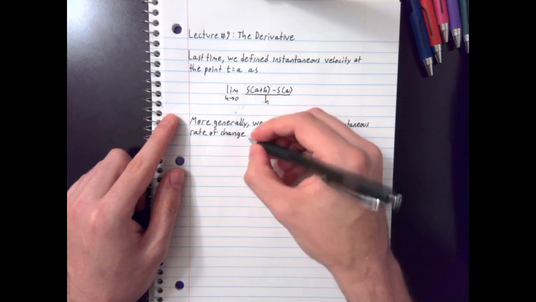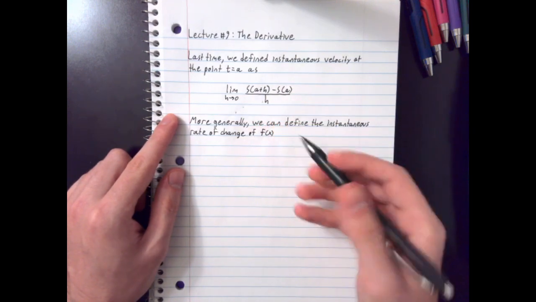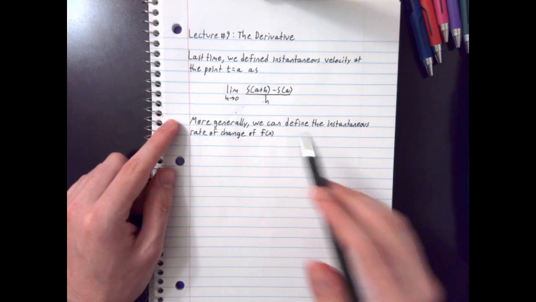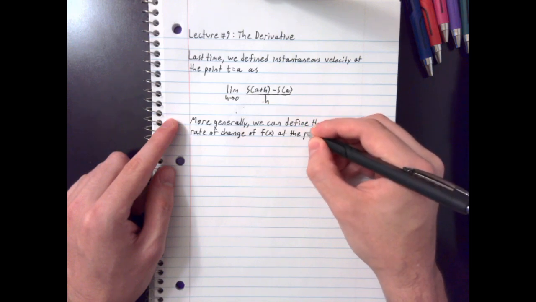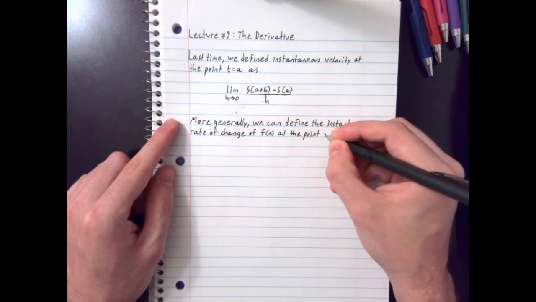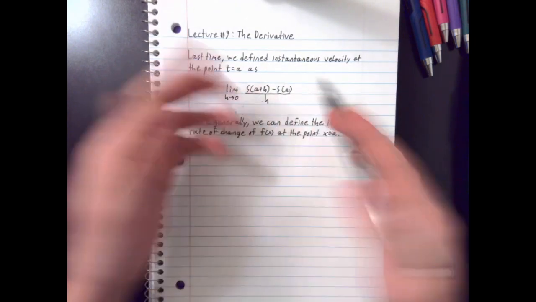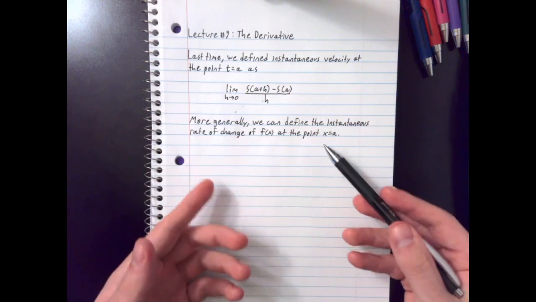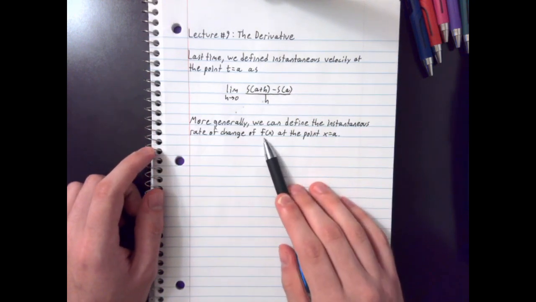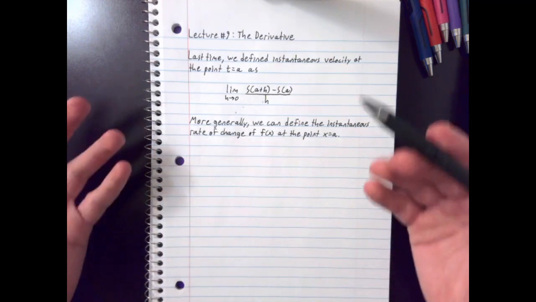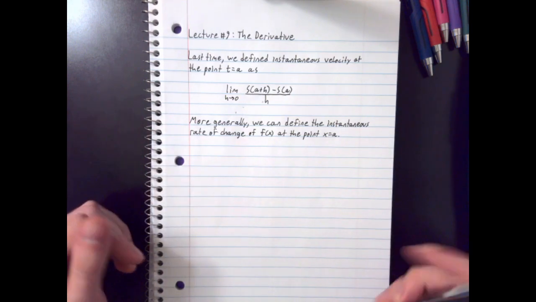Define the instantaneous rate of change of a function f of x, so any function, just depending on some variable x, at the point x equals a. There's no reason why we can't just take this definition that we used for instantaneous velocity and just apply it to a more general setting of an abstract function which is going to have a rate of change. Maybe it doesn't depend on time and maybe our output isn't position, but the notion is still the same.